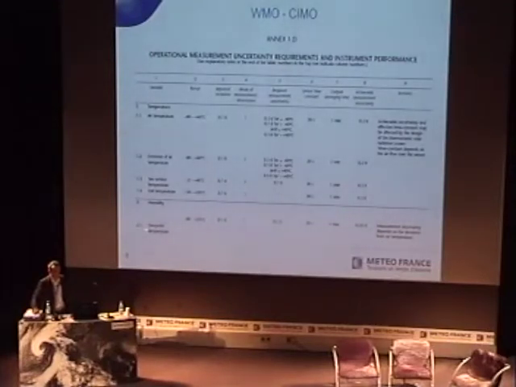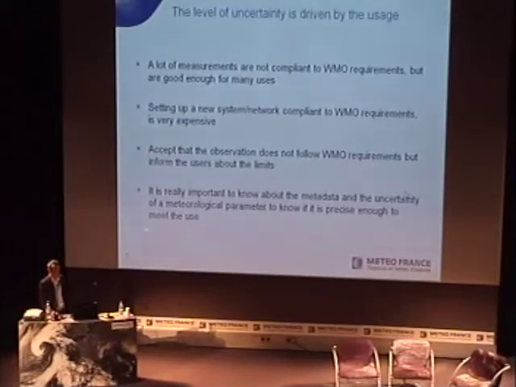And these requirements are the recommended achievable requirements that every country should try to have in its networks. But unfortunately, it is not really easy to meet these requirements, even when you have some good sensors. So for a lot of uses, you can cope with some requirements that are far below WMO requirements. We will see some examples later on.